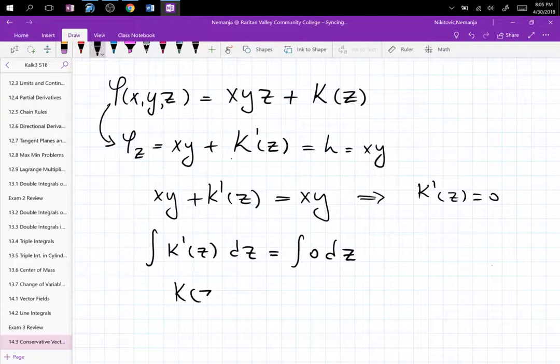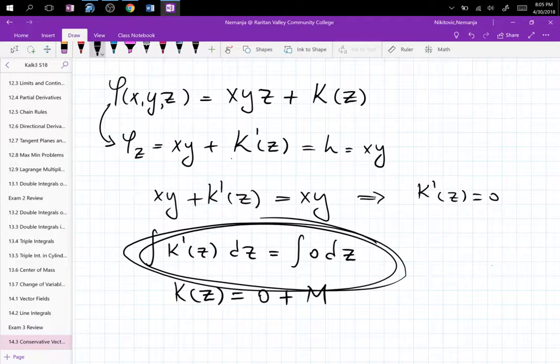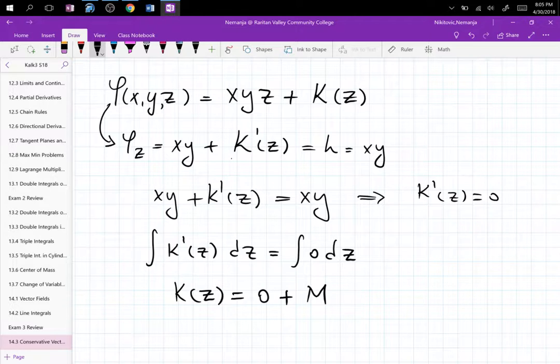This tells us that k of z is equal to 0 plus some constant m. Now that m is a constant. It's not a function anymore. Over here you solved a calculus 1 integral, and calculus 1 integrals have just plus c, which are just constants. So this capital M is just a calculus 1 plus c, which is a constant, whether it's pi, whether it's 2, whether it's negative half, whatever it is.